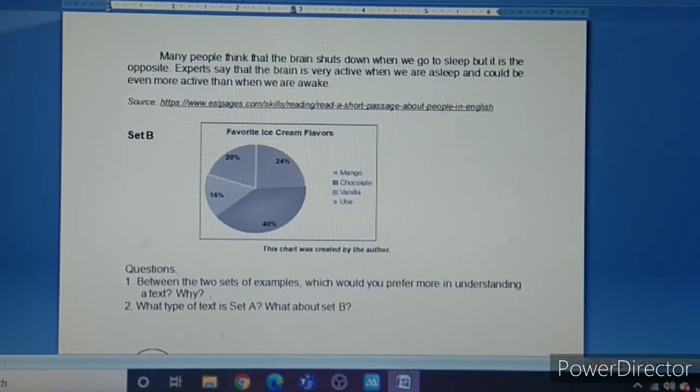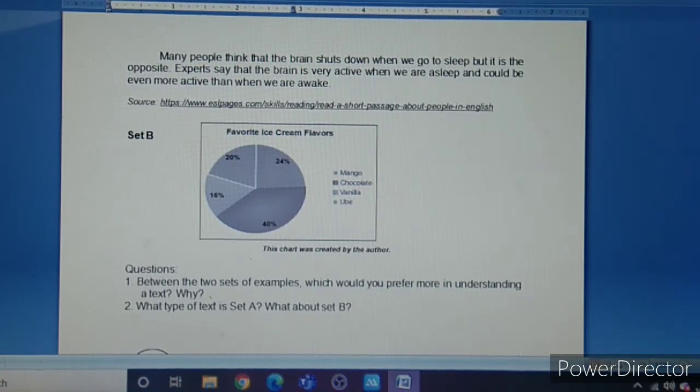First question: between the two sets of examples, which would you prefer more in understanding a text and why? Again, set A and set B are two types of text. Between the two, which would you prefer more in understanding a text and why?